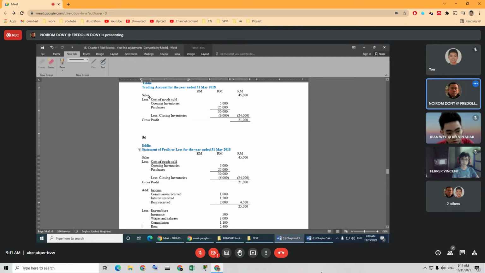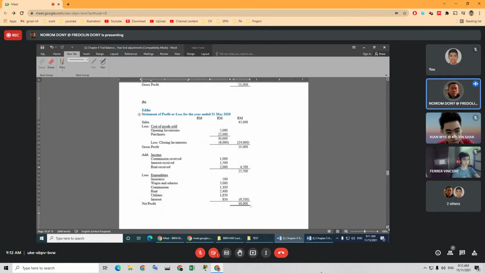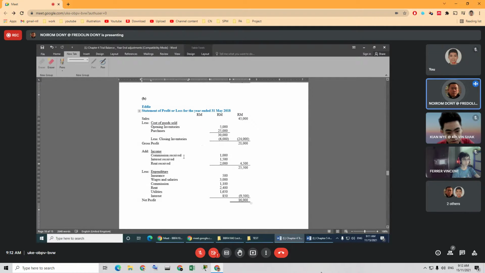That's why you show this format twice. The first time, because the question specifically asks for the trading account, you only show gross profit. The second requirement, the question asks you to prepare the statement profit or loss, so again you need to repeat showing the gross profit.